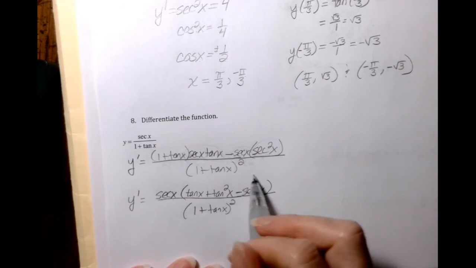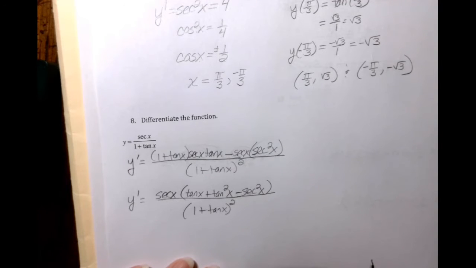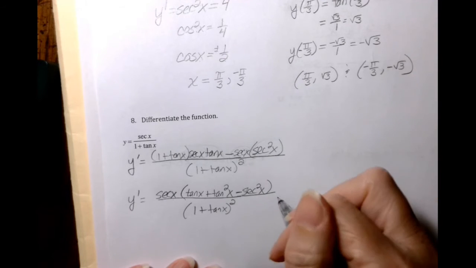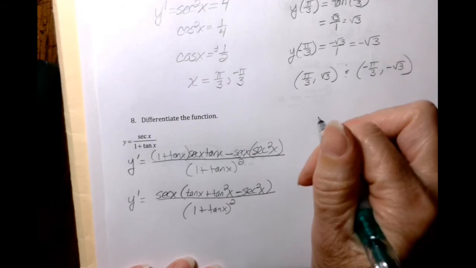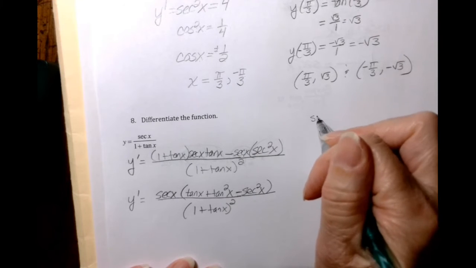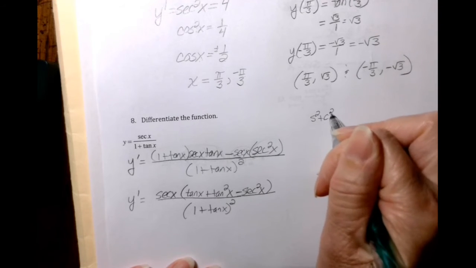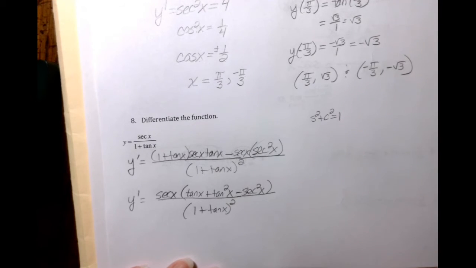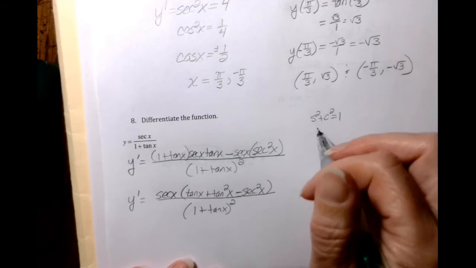Anytime we have those trig functions squared, you're thinking those Pythagorean identities. You may or may not have them memorized. If you do, you can go right to the answer. If you don't, here's a little helpful tip I learned way back in the day, and I use it all the time. I know sine squared plus cosine squared equals 1, and that's the only identity I remember.